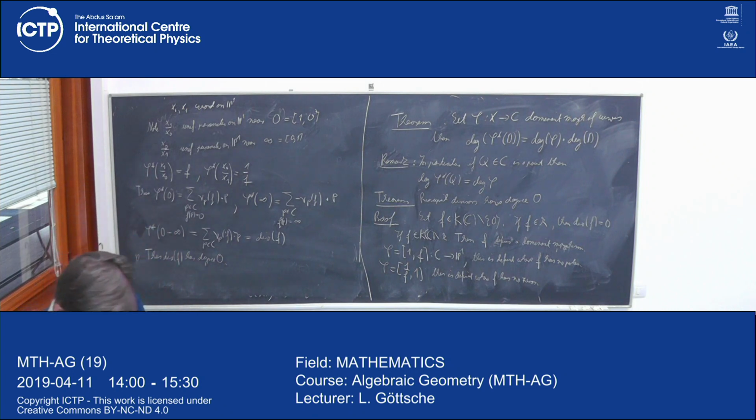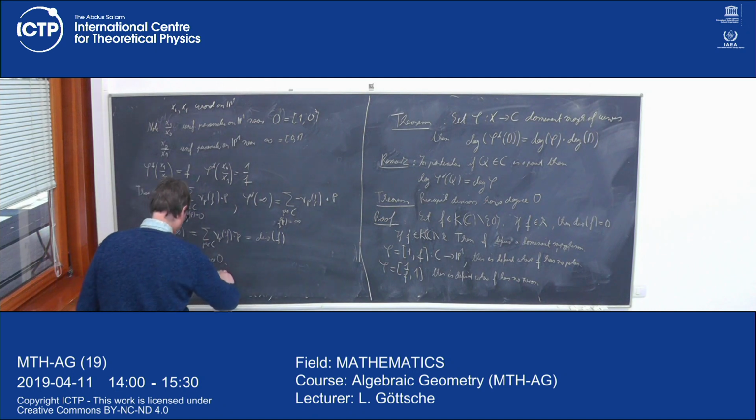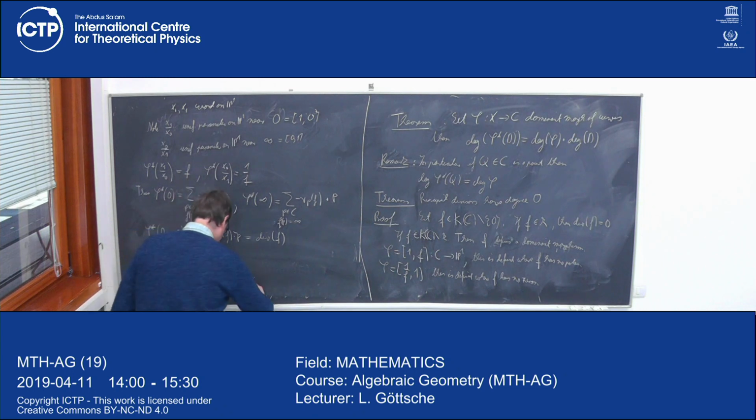Okay, so this is interesting. So in particular, we can define Pic 0 of C to be the divisors of degree 0 divided by the principal divisors.